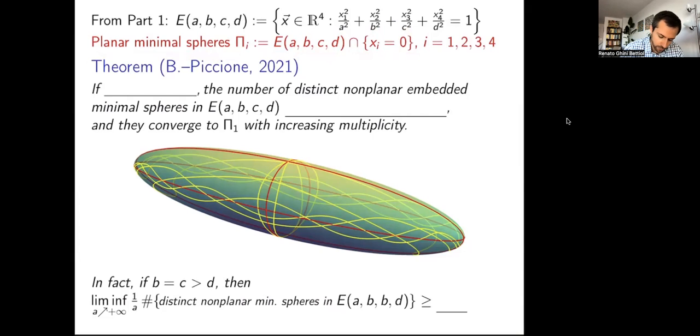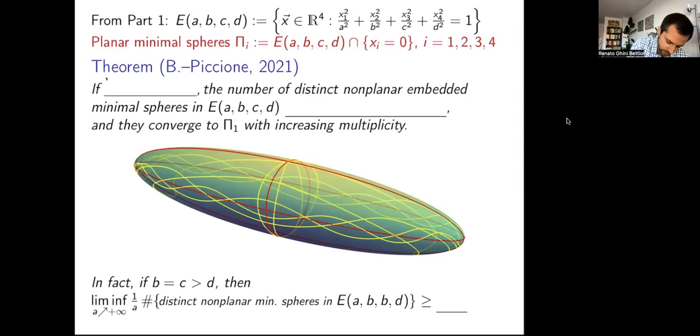So the question of Yau that I mentioned in the first part of the talk was whether there exists any other embedded minimal 2 spheres inside these 3-dimensional spheres. And the main result for this third part right now is the following theorem obtained together with Paolo Piccione last year.